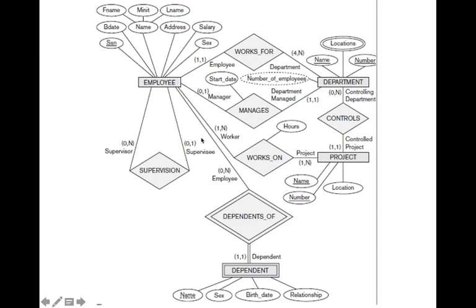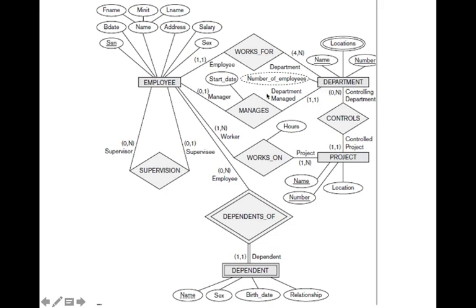Here also we can see that for employee and dependents, it is 0,n. This means an employee can have a minimum of 0 dependents. An employee may not have dependents at all, and maximum he can have n dependents. And here it is 1,1.